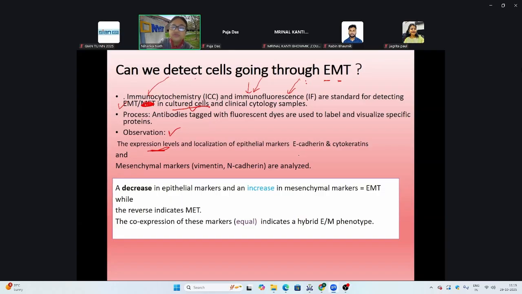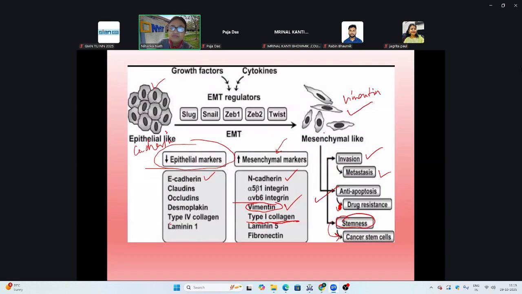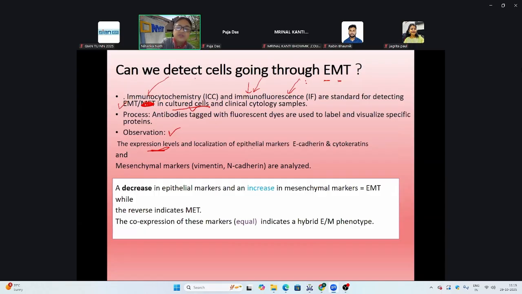These are sometimes hard to see, therefore looking at these markers, these proteins, is the best way to do it. So look for cadherin, look for vimentin. All right, so the expression level of these markers. The marker means E-cadherin and cytokeratin.